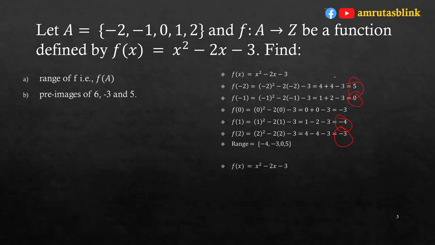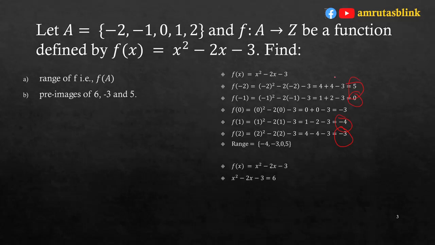Now we need to find the pre-image of this function for 6, minus 3 and 5. Now f of x is given as x square minus 2x minus 3. So we need to find the pre-image for 6. That means we need to calculate the value of x for which the function f of x will return the value 6.